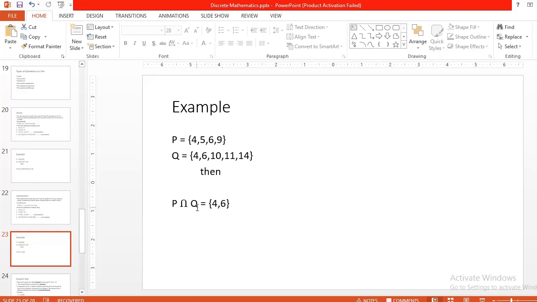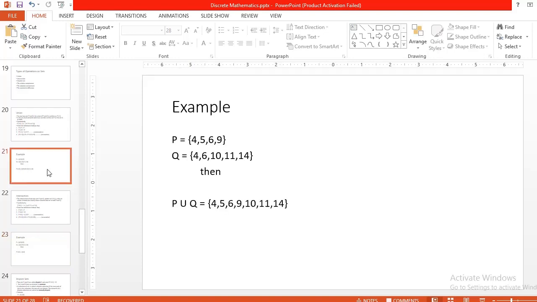Those elements which are contained in both P and Q, not P or Q. This "or" is considered in the union operation, but in the intersection operation we have to consider the elements which are present in both P and Q. So 4 is included in both P and Q, and 6 is also included in both P and Q. Other elements are not included in both. So the result will be P intersection Q is equal to {4, 6}. Only 2 elements here. Understood?